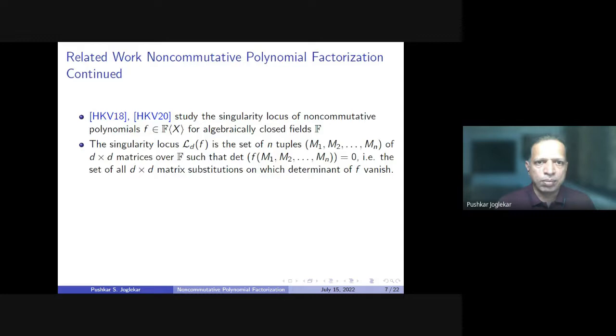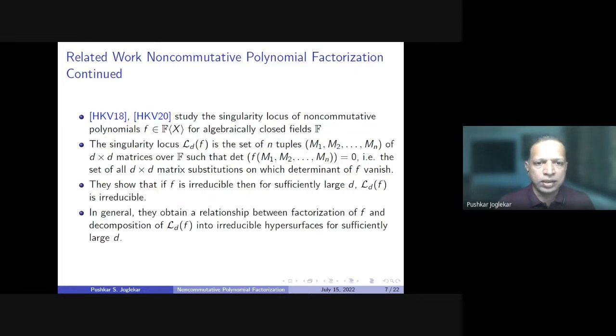More in a mathematical setting, this work due to Helton, Klep, and Volčič studies the singularity locus of a non-commutative polynomial f over algebraically closed fields. By singularity locus, we mean the collection of all n-tuples of matrices such that if we take the determinant of the evaluation of f on that matrix tuple, it vanishes.